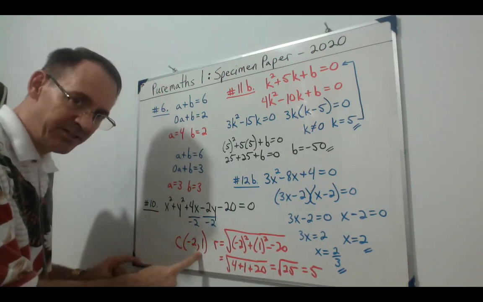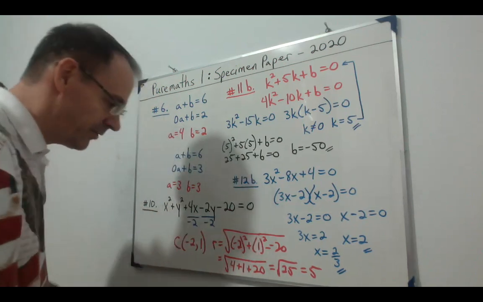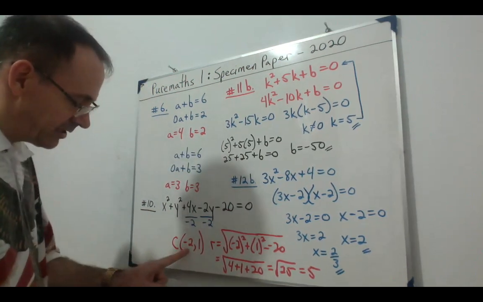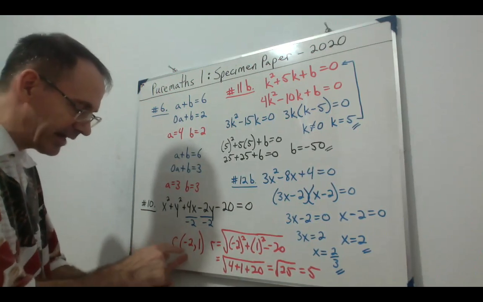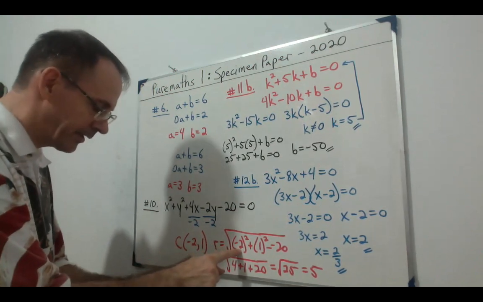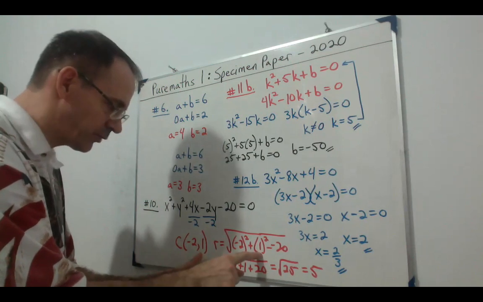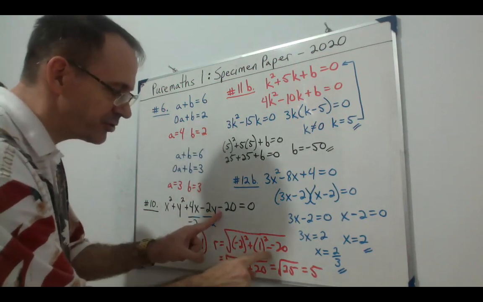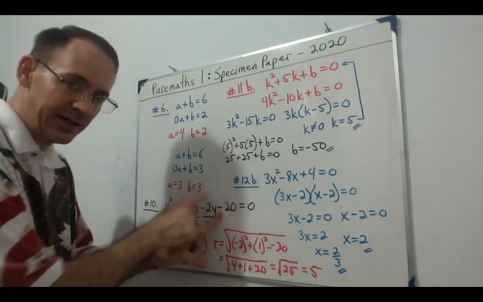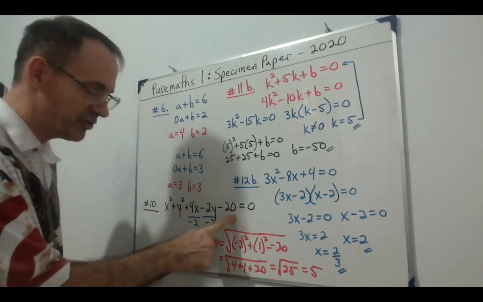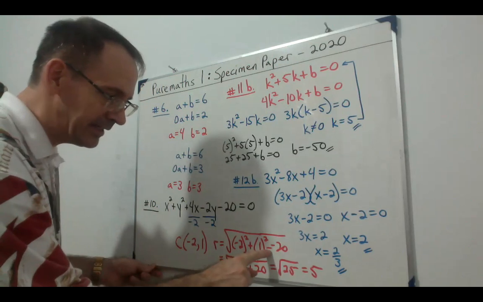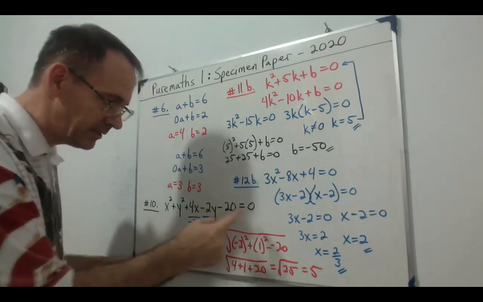Then, to find the radius, if this is like your h and k, you take your x coordinate squared plus the y coordinate squared, and you subtract the c value. The c value is the constant at the end. You subtract it, so that means you get minus a negative 20.